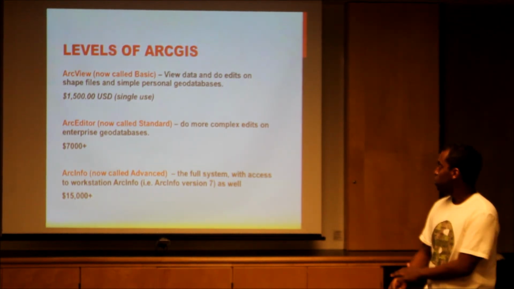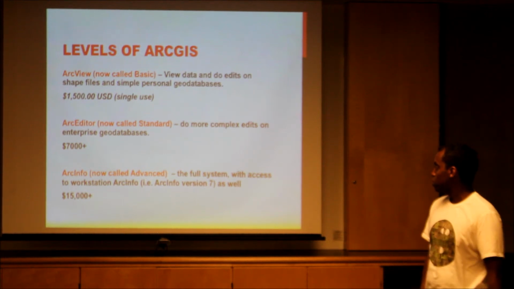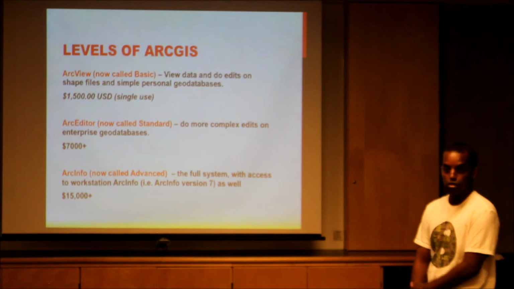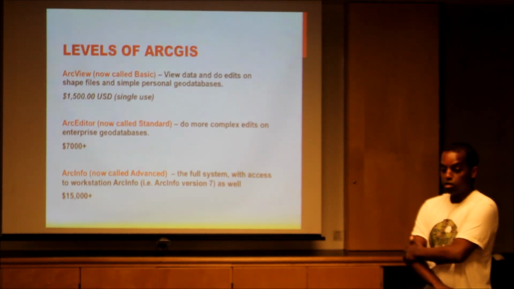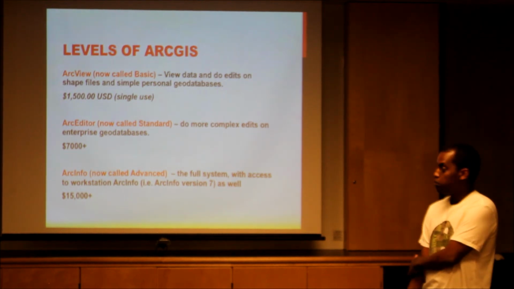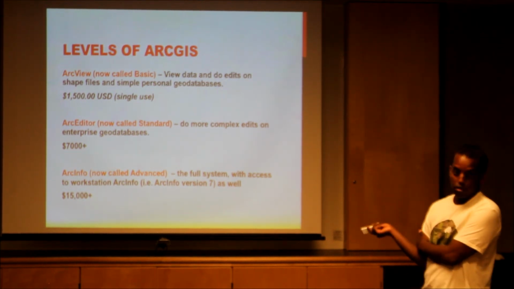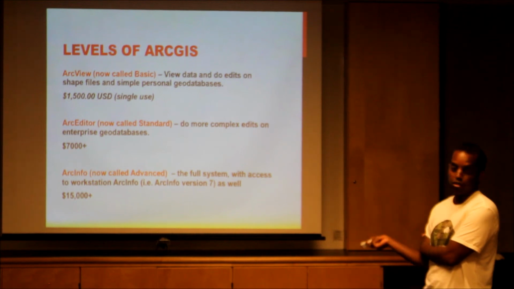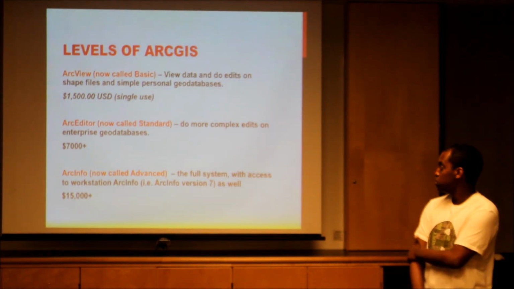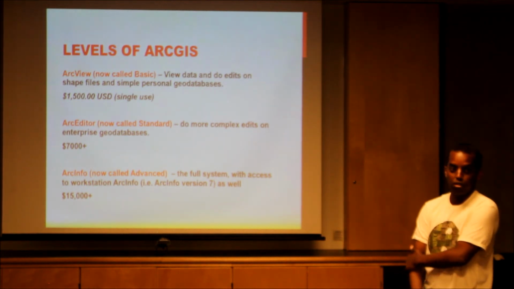The other two, standard and advanced, are more for enterprise and professional GIS work. I couldn't get a full price on them, so I took the prices they gave with a computer. If you want to buy a laptop with standard, it's $7,000. If you want to buy a laptop with advanced, it's $15,000. They're pretty low-scale laptops, so I figured that was interesting.